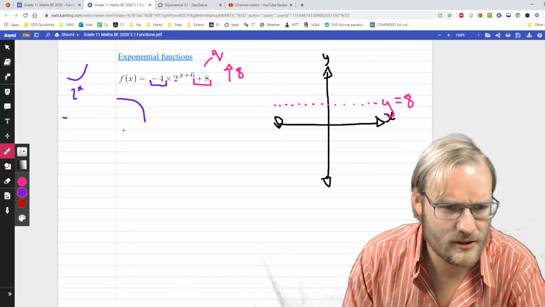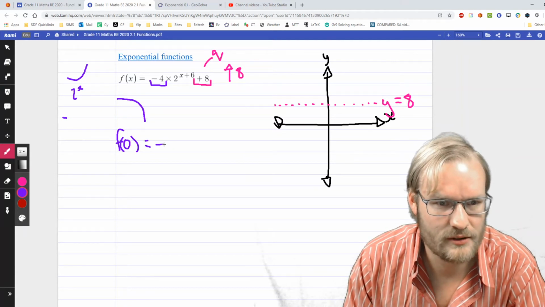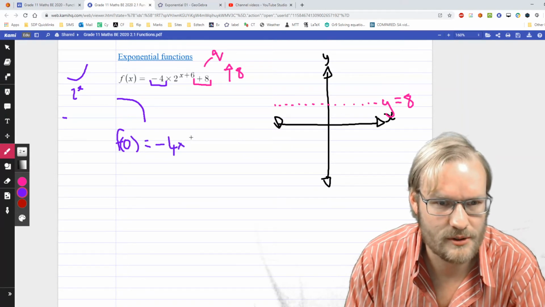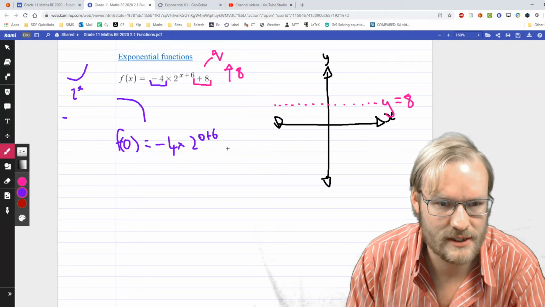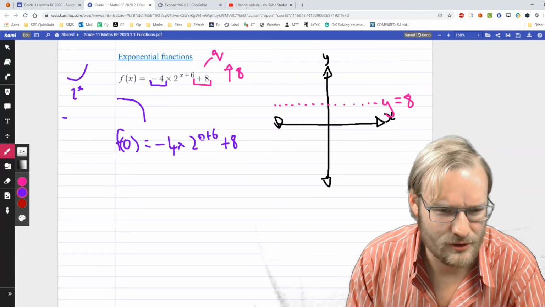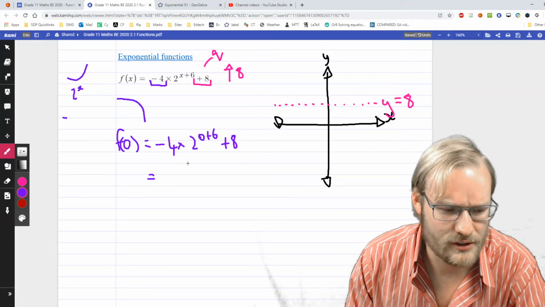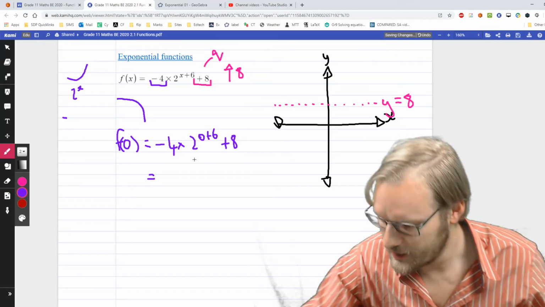Normally easiest, for the y-intercept, we substitute 0 in. Okay, so -4 × 2^(0+6) + 8. Now we've got 2 to the power of something a bit bigger than normally, where we just say 2^0. That's one bit more difficult, but hey, we've got a calculator somewhere around here.